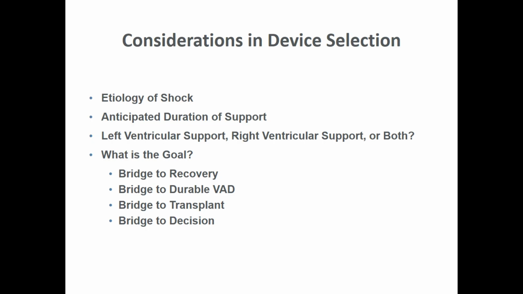Is it to help stabilize patients in hope of myocardial recovery, to bridge them to more durable support until end organ recovery occurs, to bridge them until a transplant or donor heart is available, or to bridge them until a decision can be made about what strategy is part of the end game?